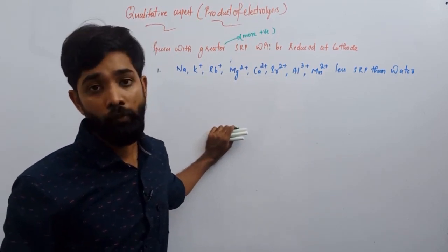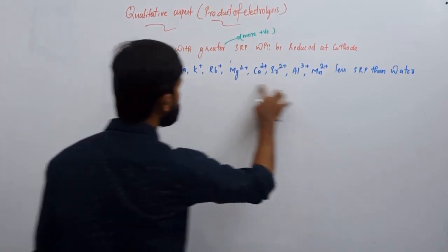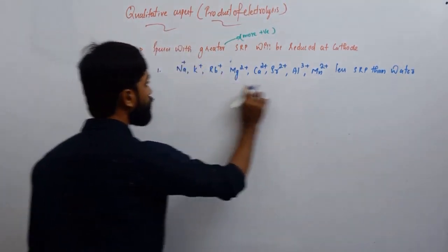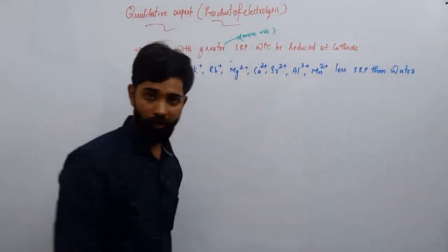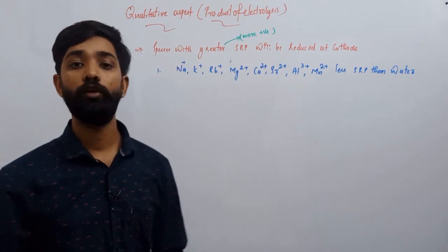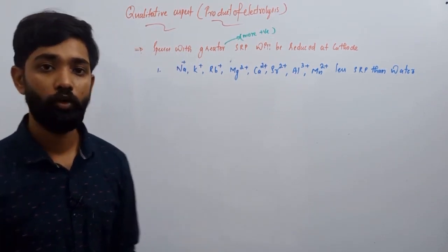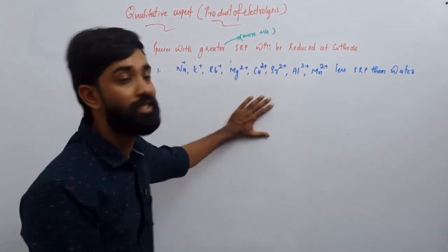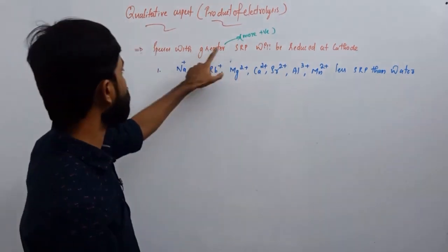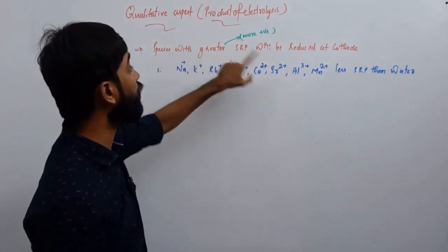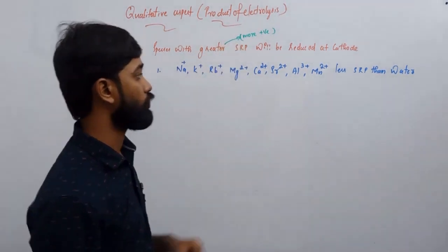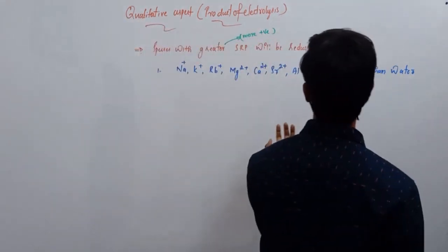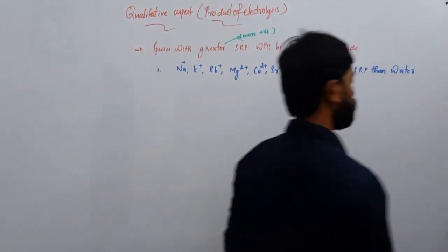Then what happens? If there is a competition between these ions and water for reduction, then which will be the dominator, or which can discharge at the cathode? And that is the first point: a species with a greater standard reduction potential. So among these, which has the greater standard reduction potential? Water.